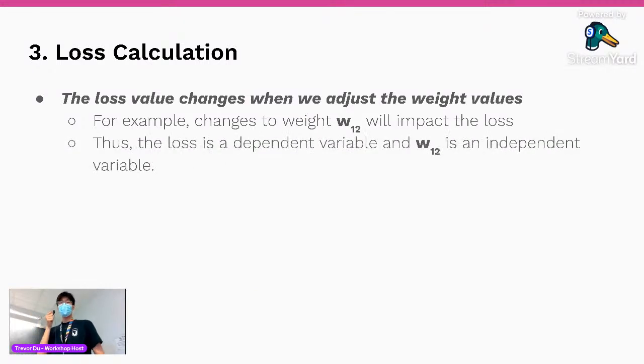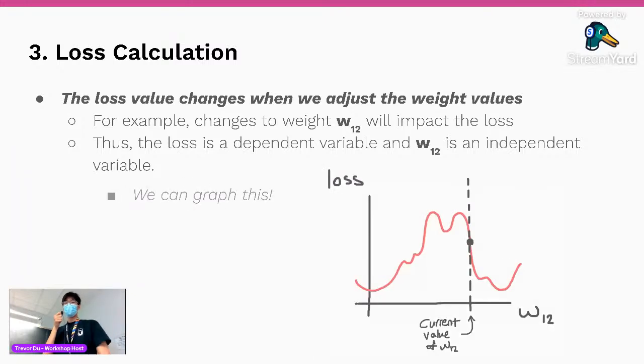Thus, the loss is a dependent variable, and W12 is an independent variable. And we can graph this. So we have our loss graph with respect to W12. And here we have a point on the graph. Let's say that's the current loss for the current value of W12.